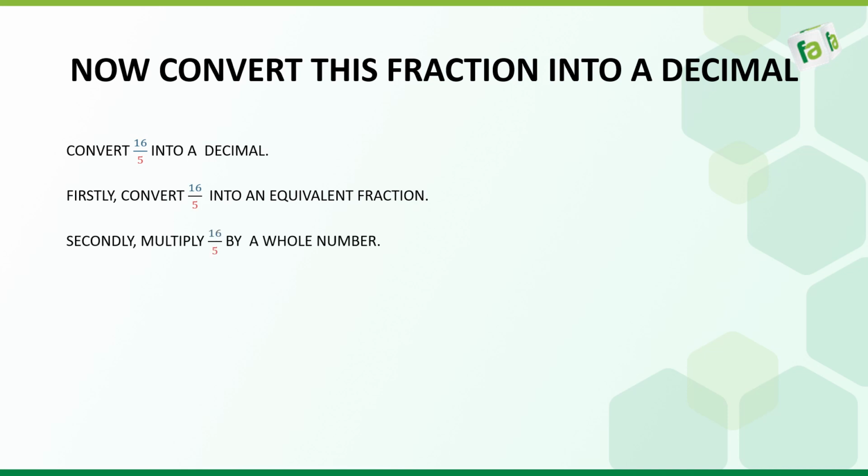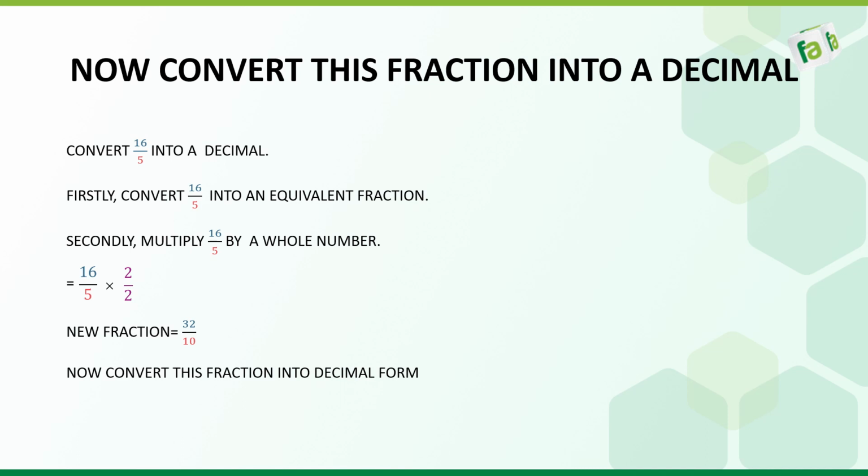Multiplying 16 by 5 by the whole number 2 will result in 10 as denominator. So, 16 by 5 times 2 by 2, which gives a new fraction 32 by 10. Now convert this fraction into a decimal. Therefore, the final answer is 3.2.